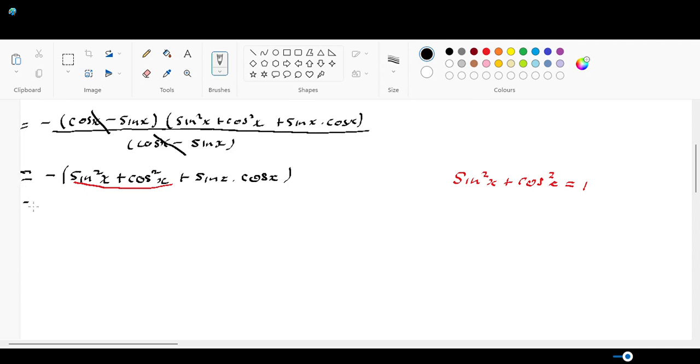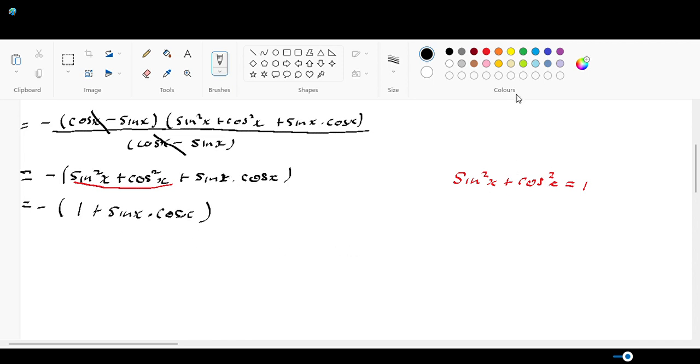So we say minus, and then here it's going to be 1, and then plus sine x multiplied by cos x. Remember, this is supposed to be x, guys. I don't know why it looks like that.